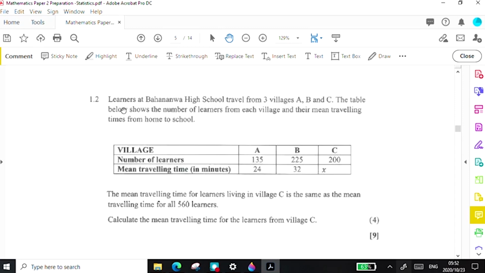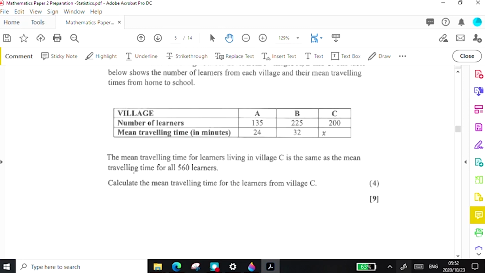Now look at number 1.2. We have learners at Bahananwa High School who travel from 3 villages A, B, and C. The table below shows the number of learners from each village and their mean travel time from home to school. We are given the number of learners in A, which is 135, in B, which is 225, and in C, which is 200.